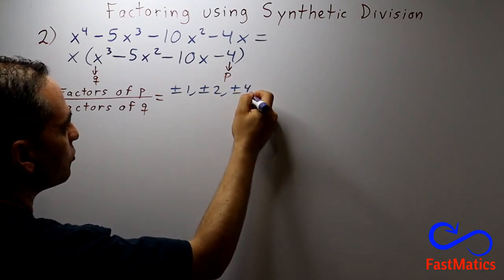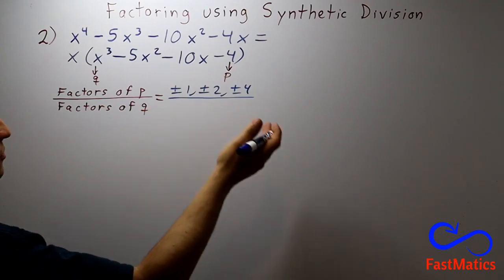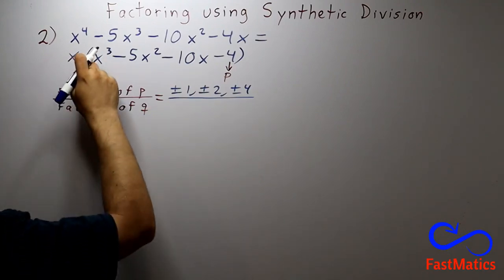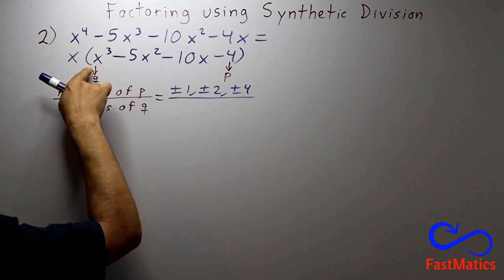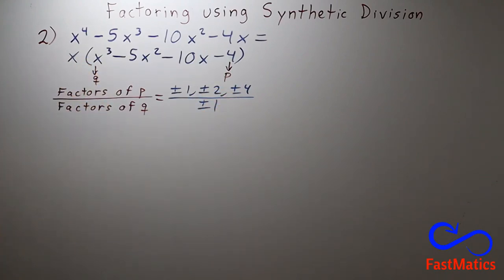And 4 because 4 times 1 is 4. No matter if positive, if negative. And numbers that multiplied give us 1, only 1. 1 times 1 is 1.